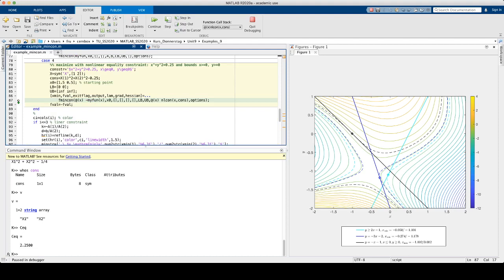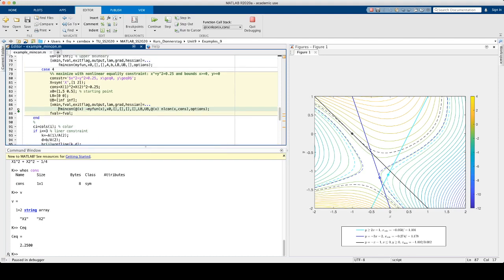By the way, I forgot to mention that we want to maximize, not minimize, with this nonlinear equality constraint. So the first input to fmin_con is the negative of the function, and after the maximum has been found, we have to reverse the sign of the function value, because the result in fy is the function value at the maximum of the negative of the function.